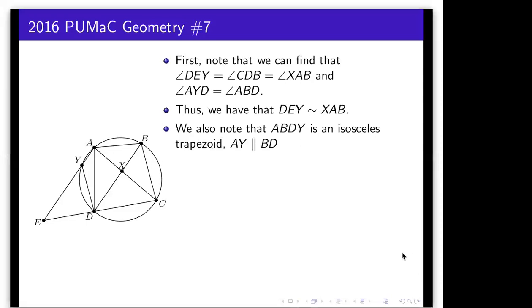AB equals YD because we have essentially a trapezoid that's also cyclic. And there's only one way for that to happen, and that's for it to be an isosceles trapezoid.